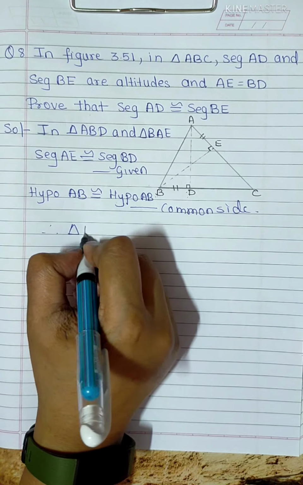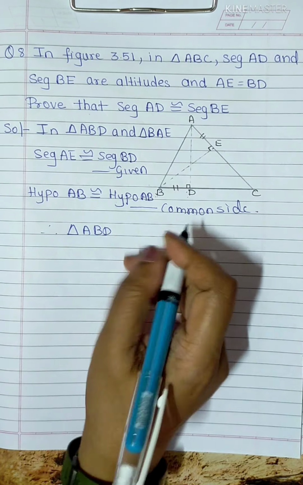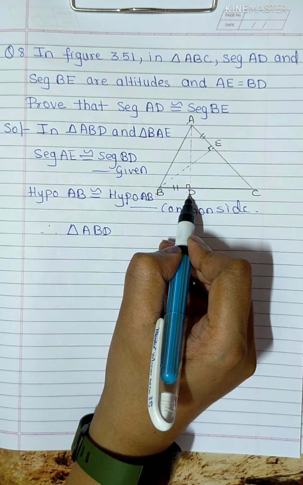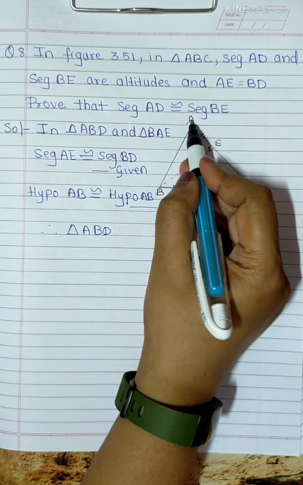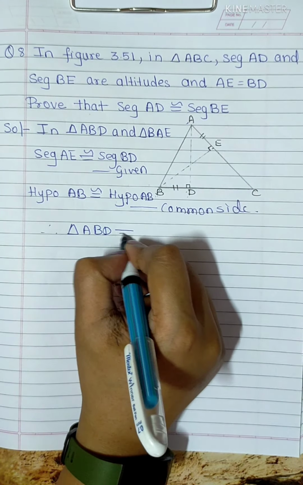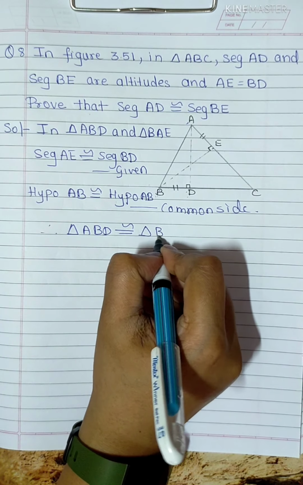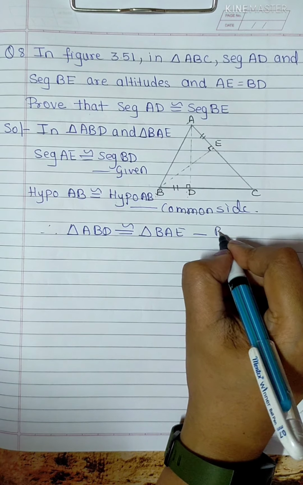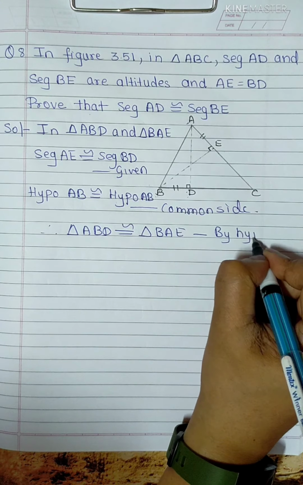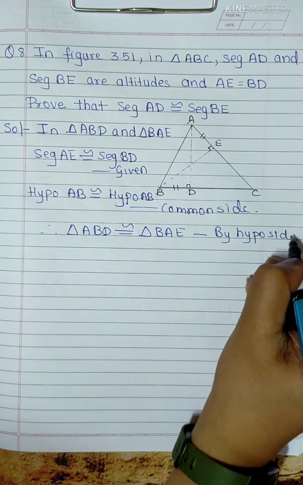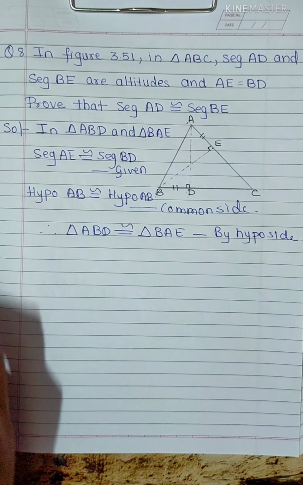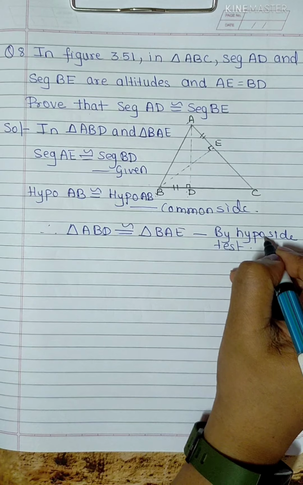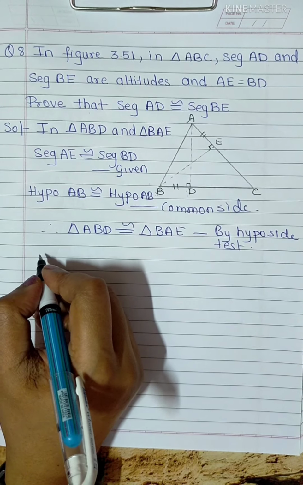Therefore, triangle ABD is congruent to triangle BAE by hypotenuse side test.